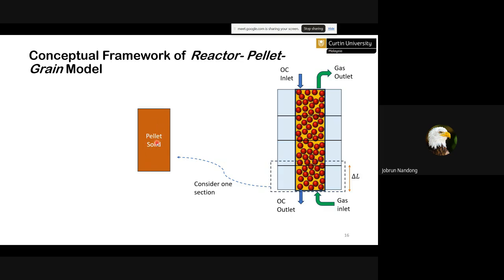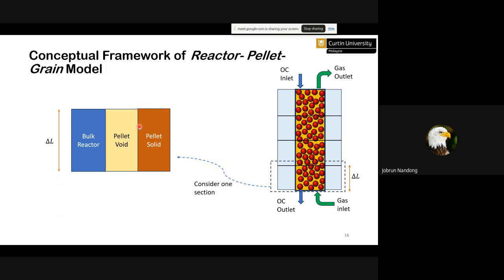We call it the pellet solid zone or pellet solid compartment. We can lump all the empty space inside the pellets together. We call it the pellet void compartment. And the remaining part outside the pellets, we have the bulk reactor. So we have three compartments now.